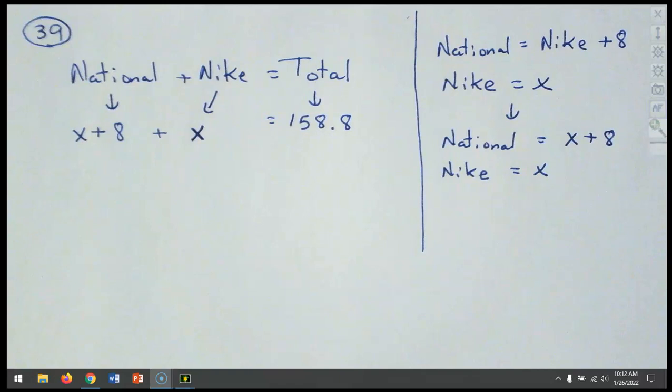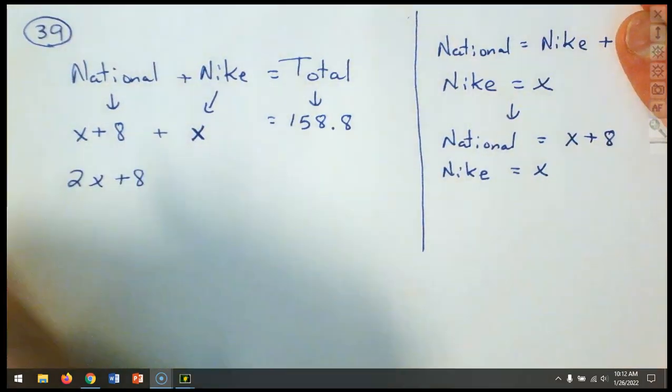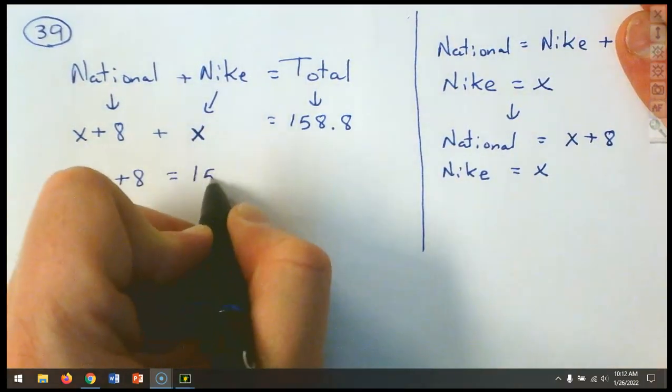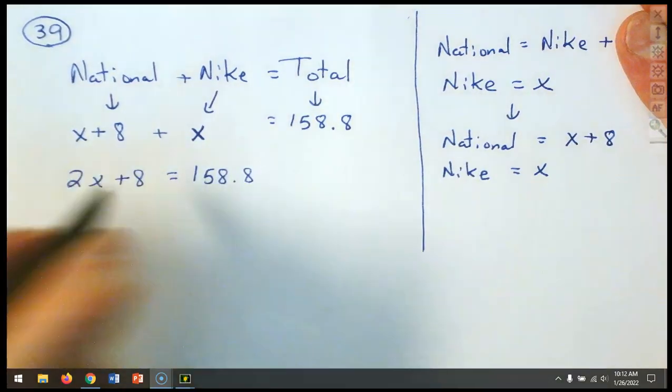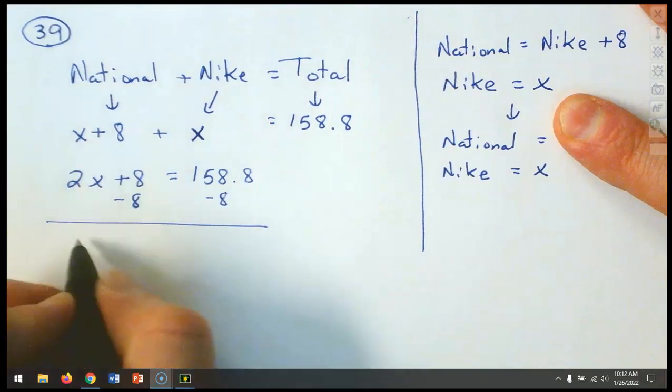And we want to make sure we answer the question. So we want to know how many followers each of these has. So we're going to find our x, and then we'll find the followers for National Geographic and also the followers for Nike. So we'll add these together, and that's 2x plus 8 equals 158.8. We'll move our 8 over with subtraction.